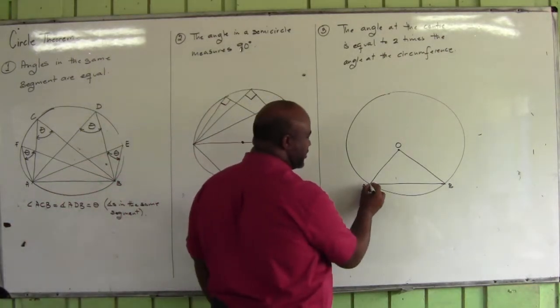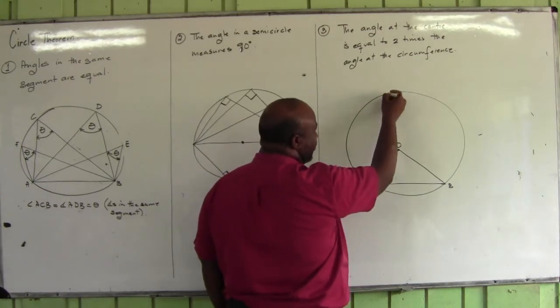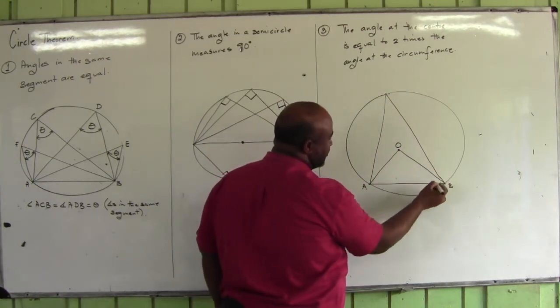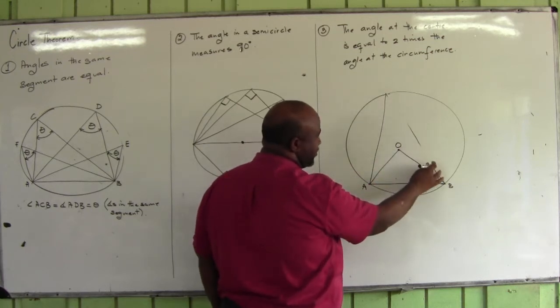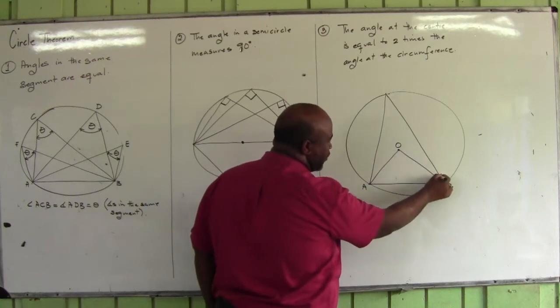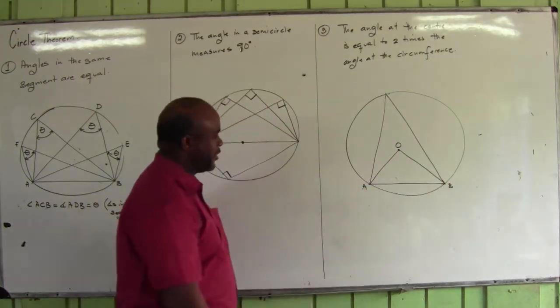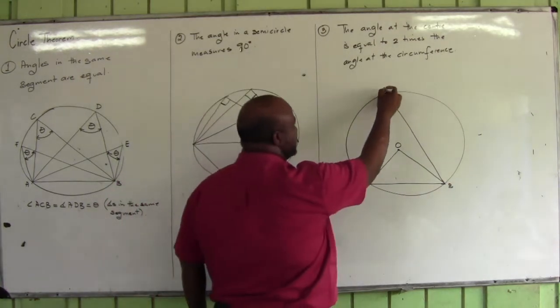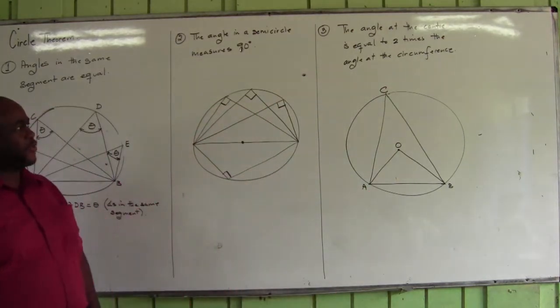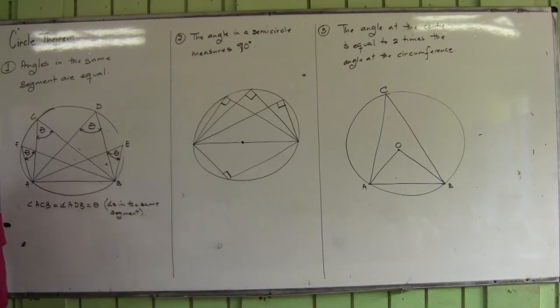Same starting point, same ending point, but this one goes up to the circumference. Let us say that this is C.